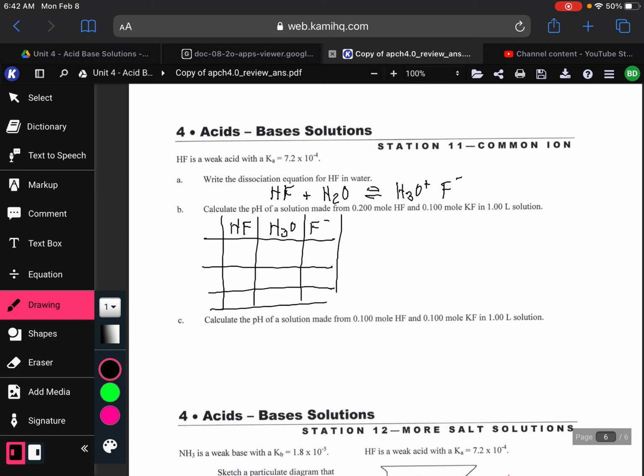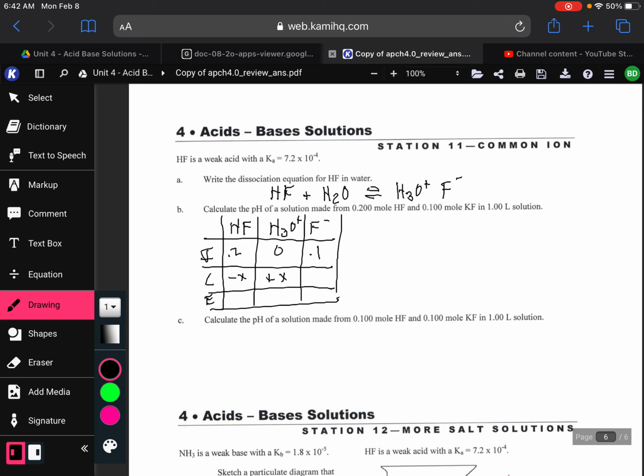Okay. And so, sorry for my handwriting. You have 0.2 moles. It's in a 1 liter solution, so that is the molarity. 0.2 here, 0 here. And then, since we have a potassium fluoride solution, we're going to go ahead and start with 0.1 here. So then we'll do, this is just like a mixture of a weak acid and a strong acid solution.